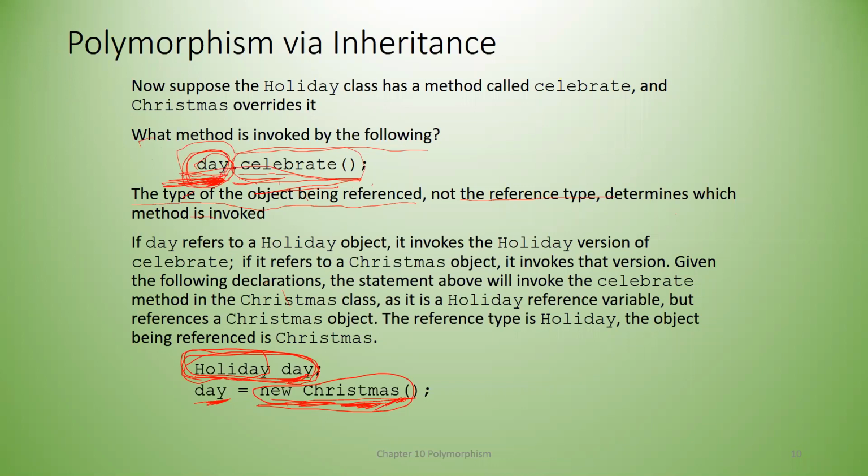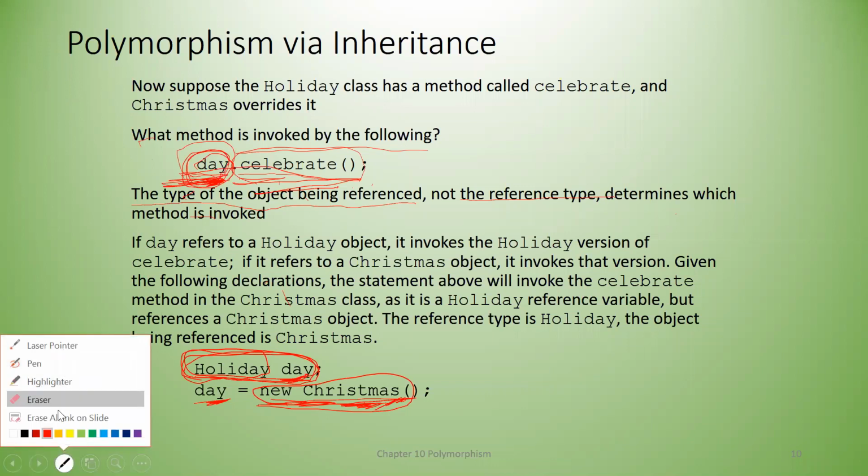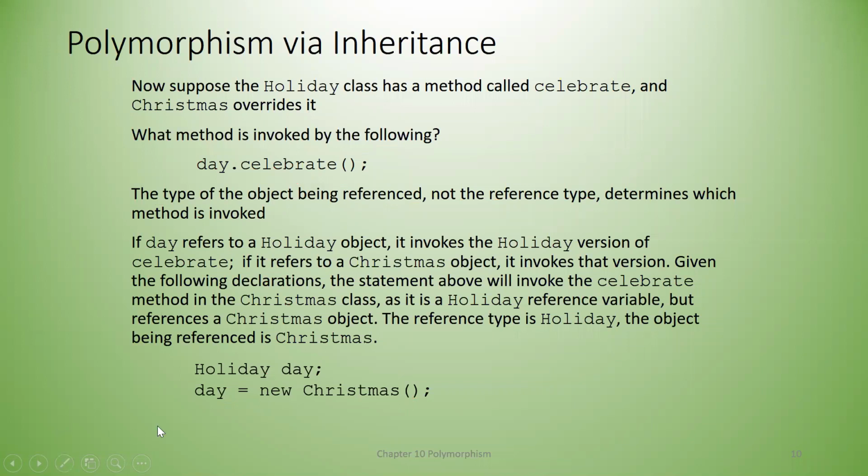Okay, so the reference type and the referenced object are two different things. I'm going to repeat that one more time. This is the reference type. When you declare it, whatever type it is, that's the reference type. This is the object being referenced. That's the type that's being referenced. So dynamic binding, right?